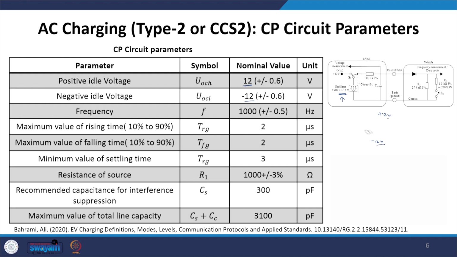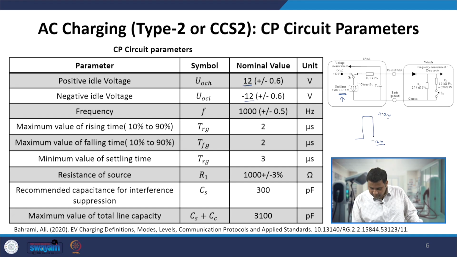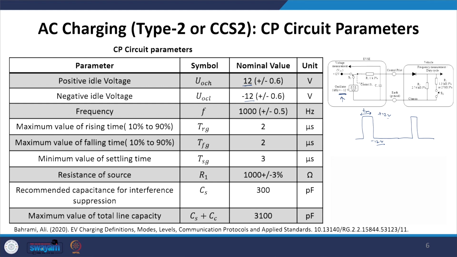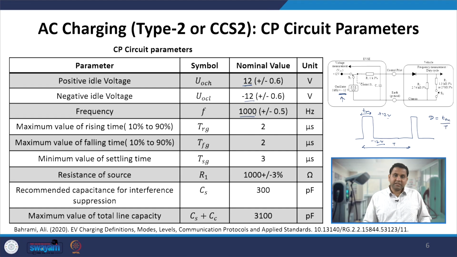So, the pulses will be like minus 12 volt, then again plus 12 volt, and the T on period is the time during which the positive voltage is applied, where duty ratio is the fraction of the period of the PWM cycle during which the positive voltage pulse is applied. Then the frequency, as I mentioned, is 1 kilohertz plus minus 0.5 hertz.